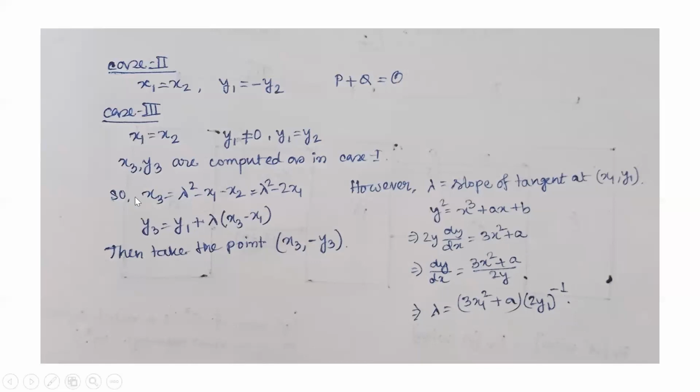That is how you compute x3, y3, and then finally you take the value of P plus P, or 2P, as x3, comma minus y3, because that should be the x-axis reflection of the intersecting point x3, y3.